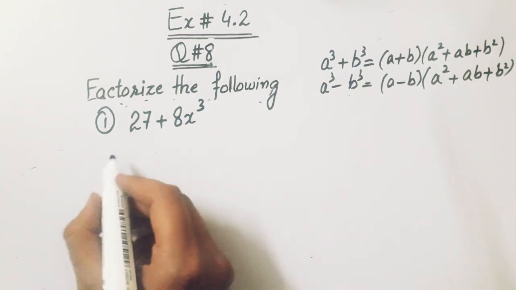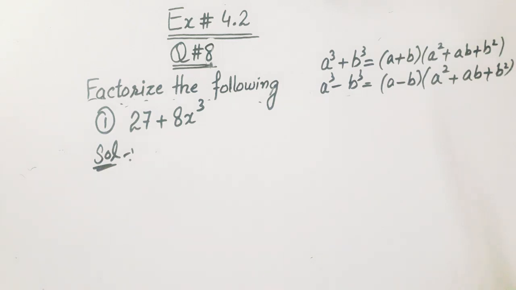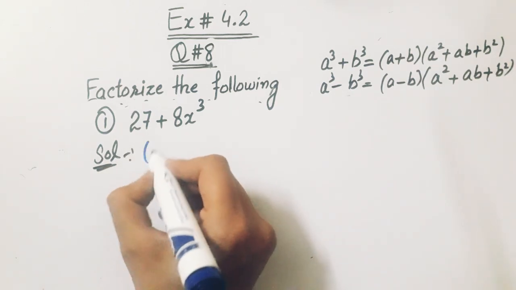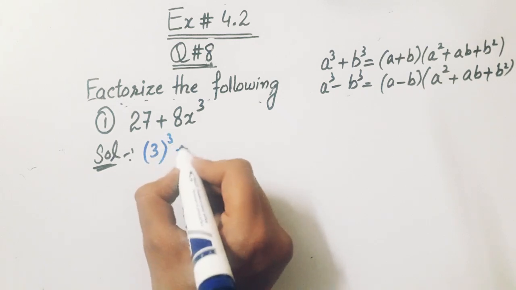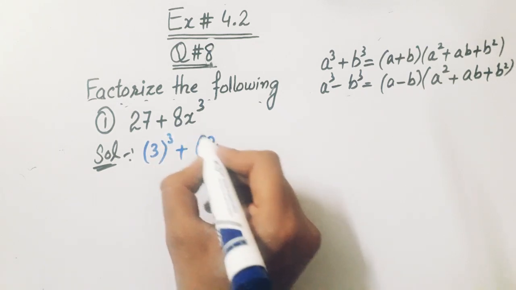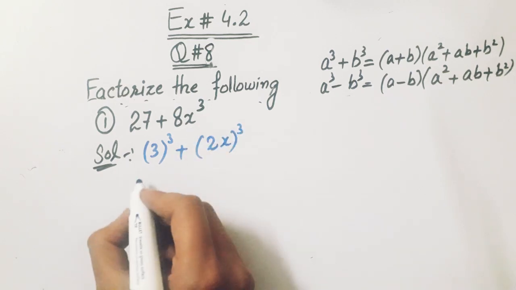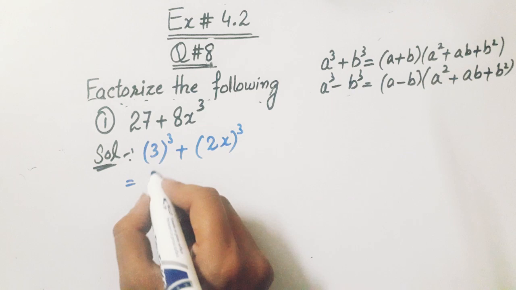Now 27 plus 8x cube. We will solve this question. 27 is the cube of 3 and 8x cube is the cube of 2x.